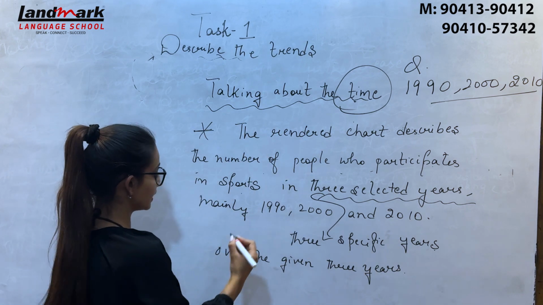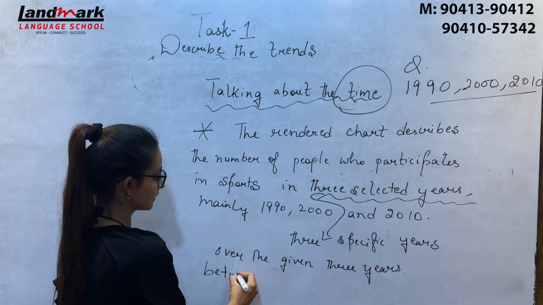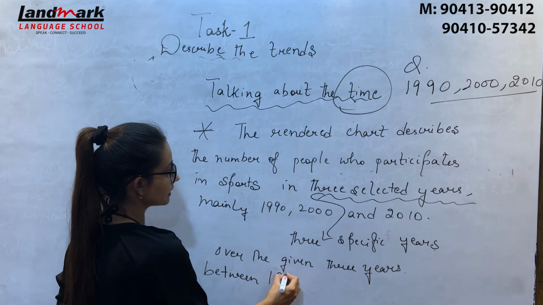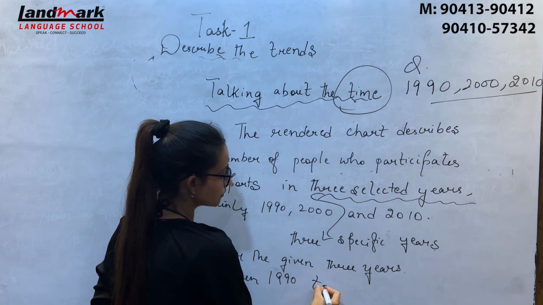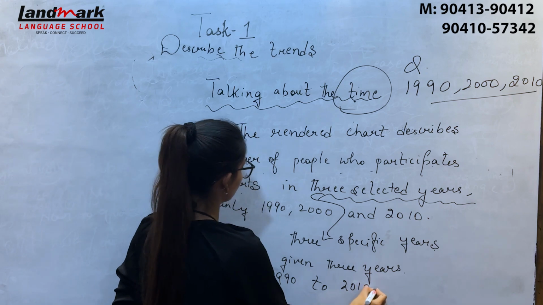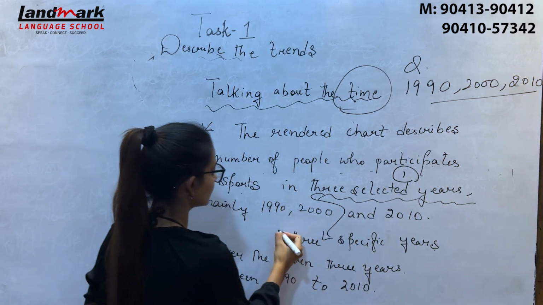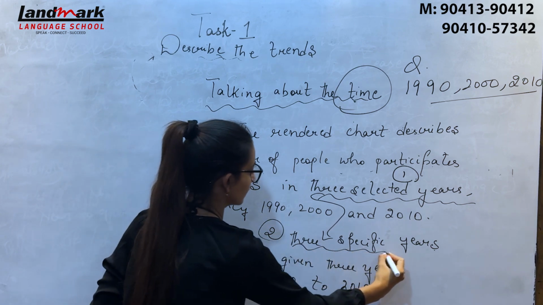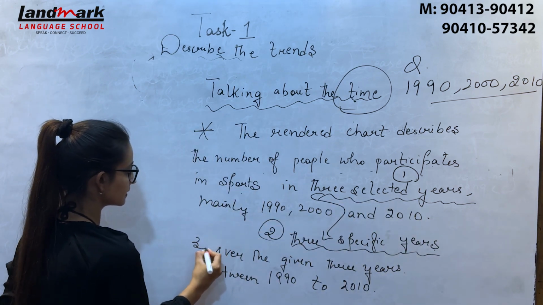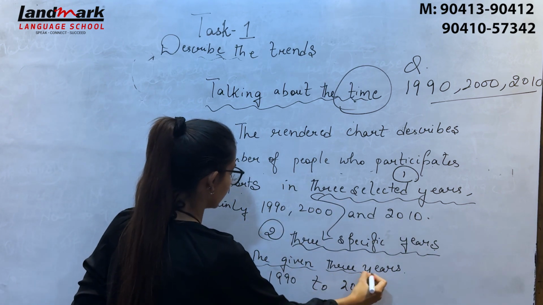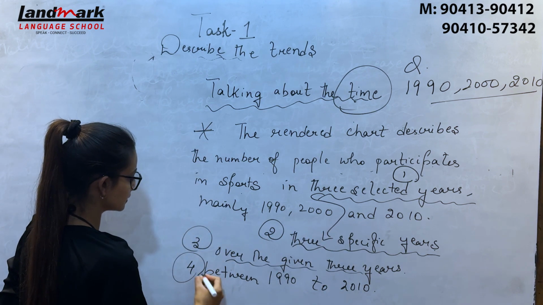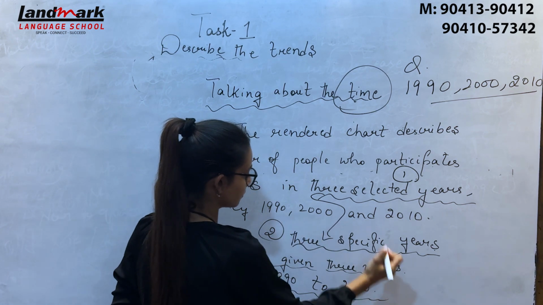And the last way is between 1990 to 2010. So this is the first way, this is your second way, this is your third way, and this is your fourth way.